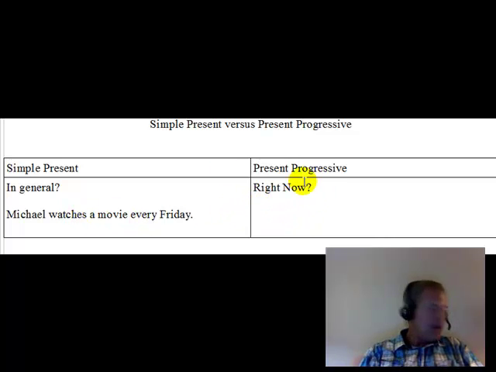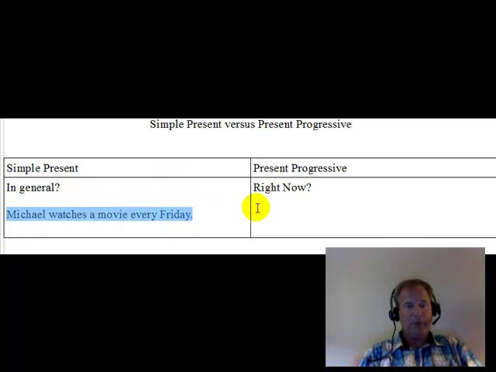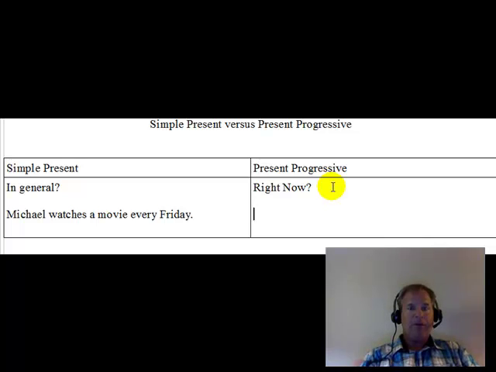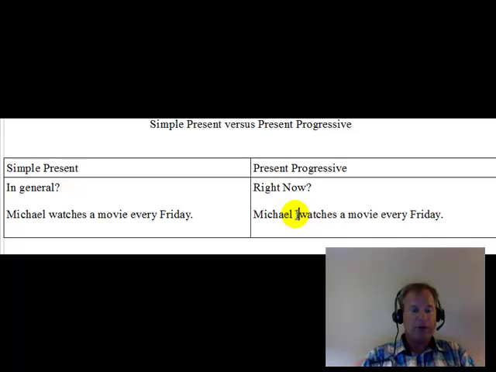Now, let's compare that with another sentence. Let's take this one, just copy it really fast. At this point, I'm going to talk about something happening right now at the moment of speaking. So I'm going to change this. I could just say Michael is watching a movie, which implies I'm doing it right now, but it's pretty common with the present progressive.